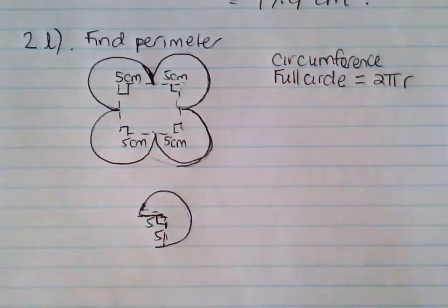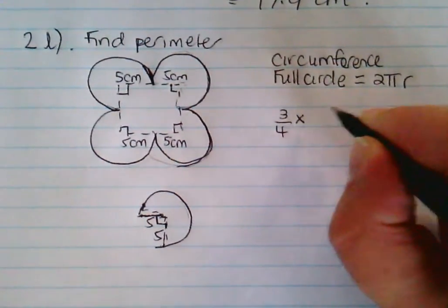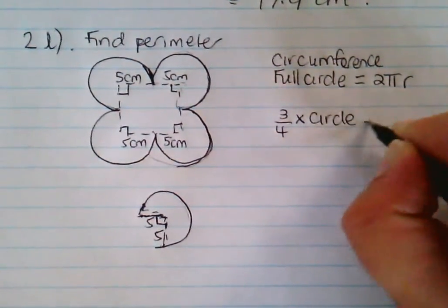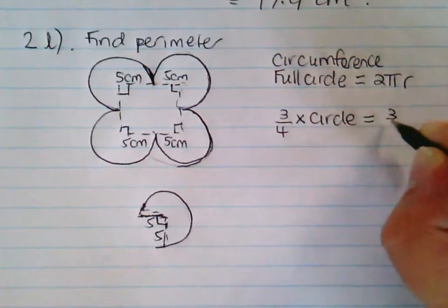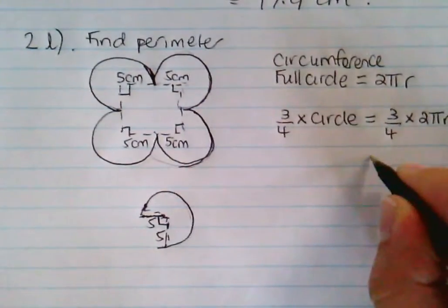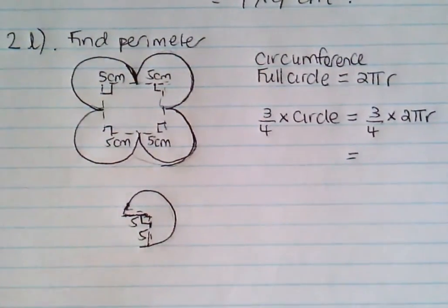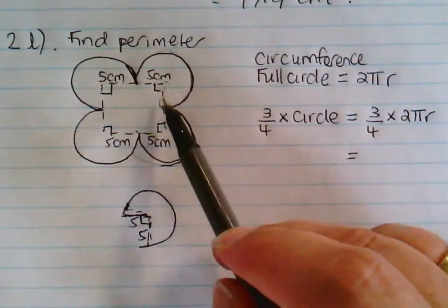I should just write C. You've got 3/4 of your circle, don't you? So it's 3/4 of 2 pi r. That's 3/4 of one circle. How many 3/4 do you have?